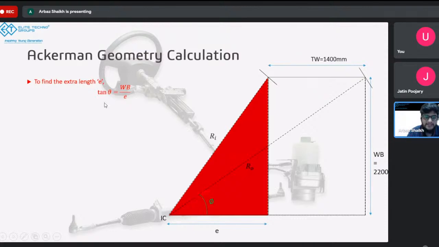Theta is 40 degrees. So tan 40 will be equal to 2200 by E. With this, we can calculate E to be 2621.86 mm. 2621 mm in essence, right? So we have found out the length of this extra arm, which is connecting the IC. So IC is 2621 mm further away from the rear axle.